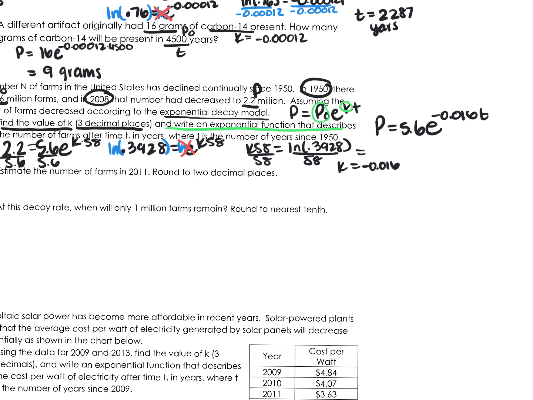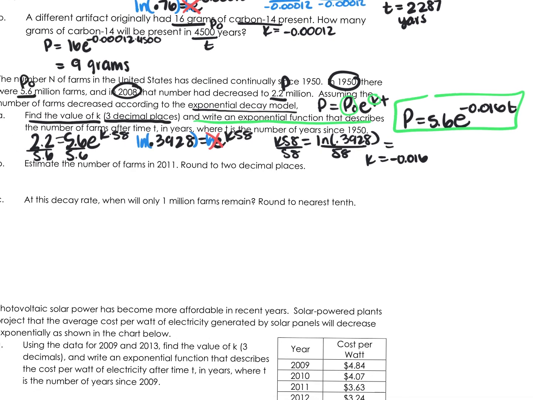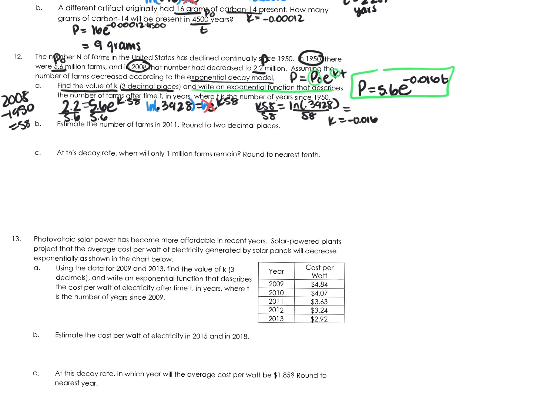So now we'll use this equation to solve the next couple problems. So we want to estimate the number of farms in 2011. So we started in 1950. So how far is 2011 from that? That'll be 61 years.